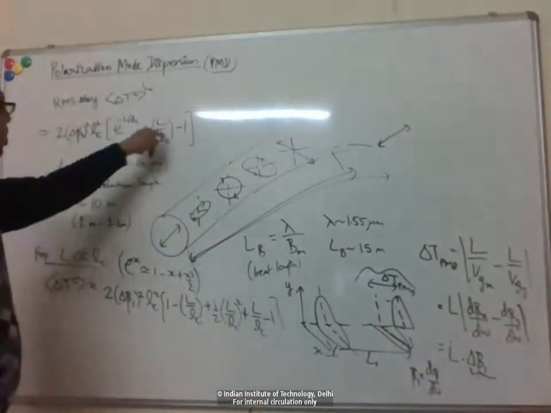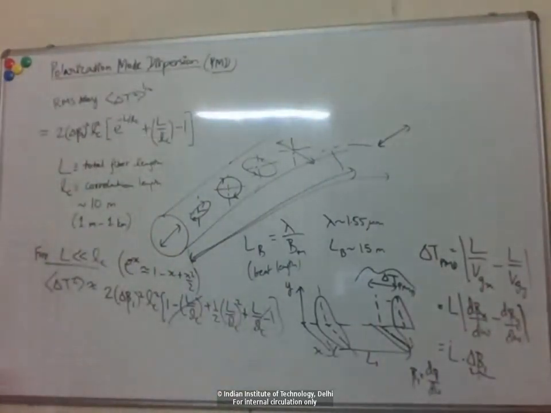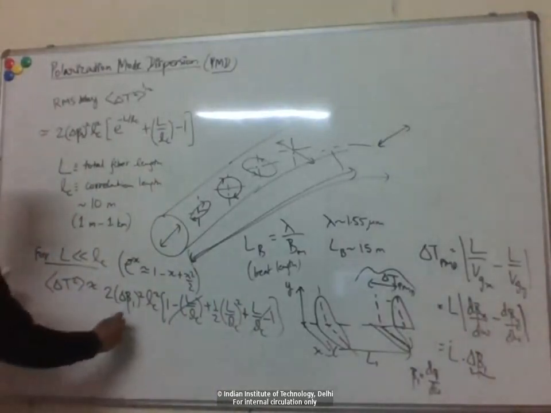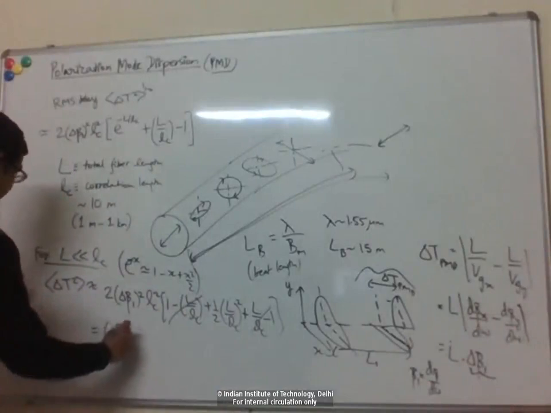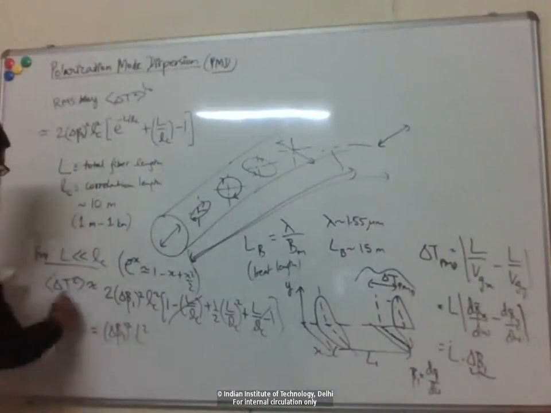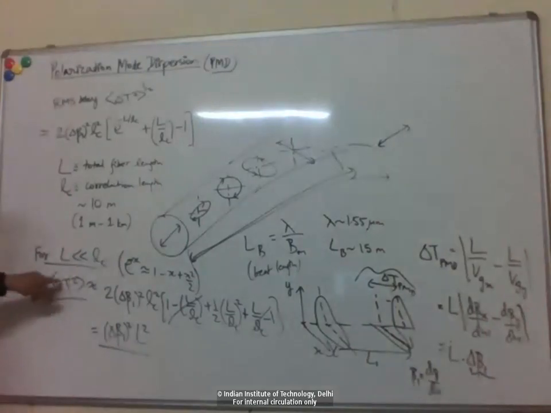Okay, L over LC minus 1 was already there, so that cancels out these first terms. So you can see this just reduces to delta beta 1 square times L square, right? So you can see delta t square is delta, right?